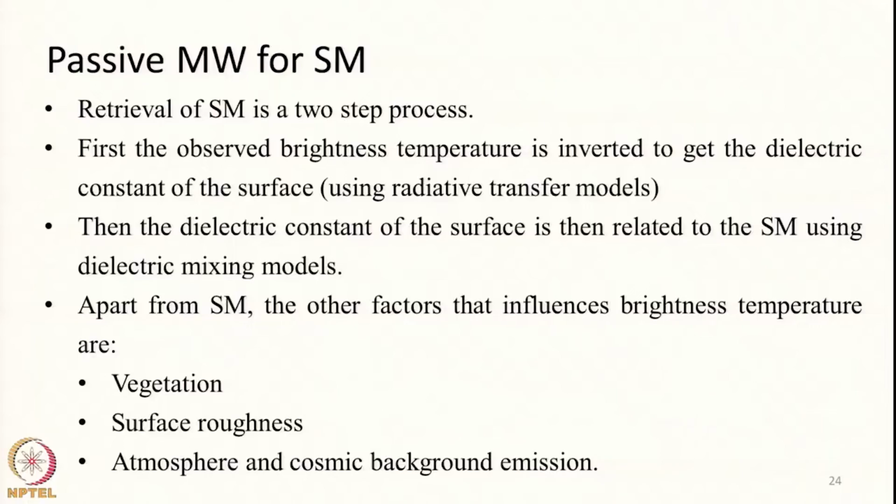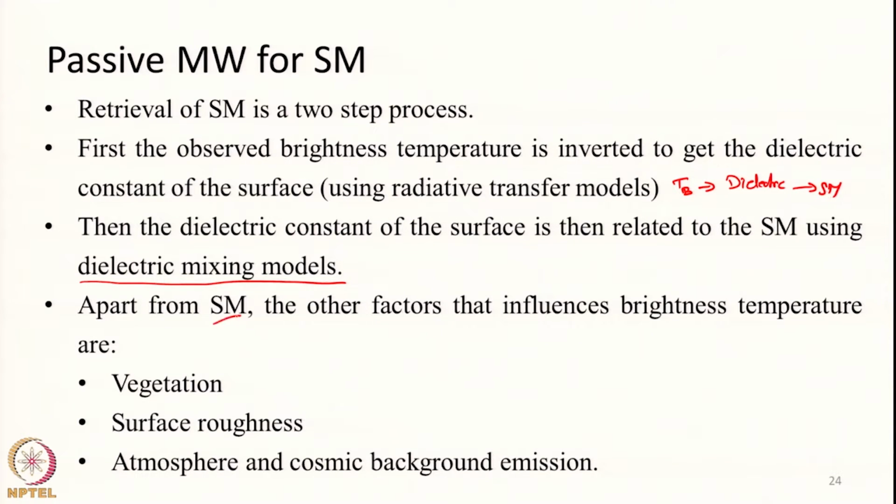They use the brightness temperature to retrieve the dielectric constant, and once that is done, using physical or empirical relationships, people connect this dielectric constant with soil moisture. This is done using dielectric mixing models. So, first from the brightness temperature we get the dielectric constant, and from the dielectric constant we go to soil moisture. It is a two-step process.